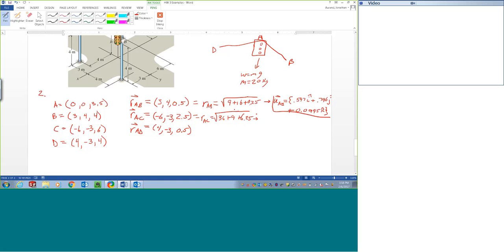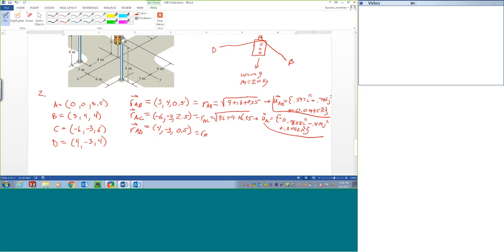And if I find that and divide that out, UAC may equal negative 0.838i minus 0.419j plus 0.34k. That's UAC.